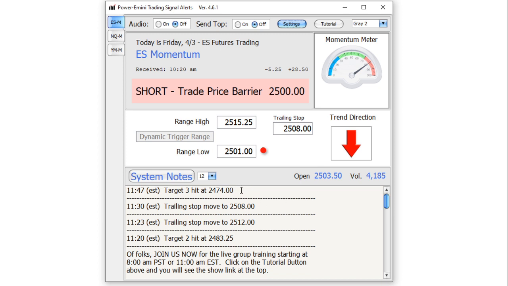So the price barrier was 2,500 even. That makes it pretty easy to do the math, right? So we just hit target three, and what's that? 24 points, or I'm sorry, 26 points. Look up at your traction meter right up above there. That's going to be the maximum traction. So there you go.